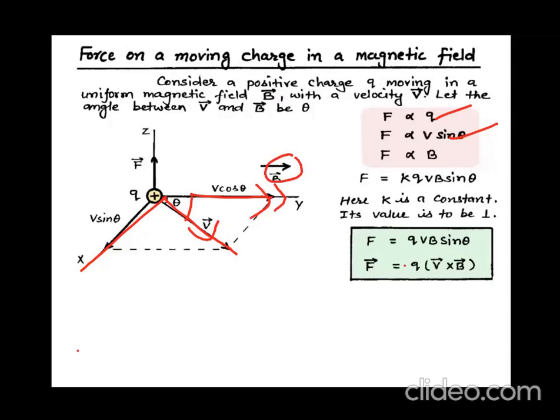Now, because of V cos theta, the positive charge plus Q produces its own magnetic field, and that magnetic field is produced in such a way that it is not affected by the external magnetic field.